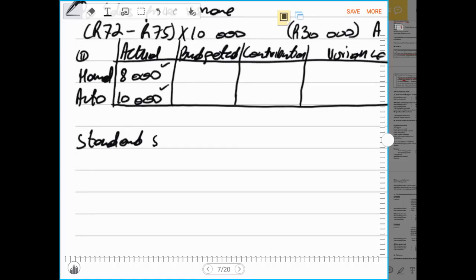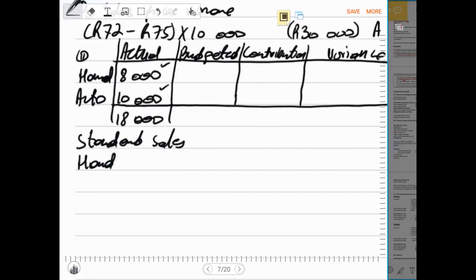Standard sales will be calculated by saying the total of the units that were actually sold was 18,000. So now what we do, we split our actual sales using the budgeted units. We apportion or allocate our actual sales using the budgeted sales.